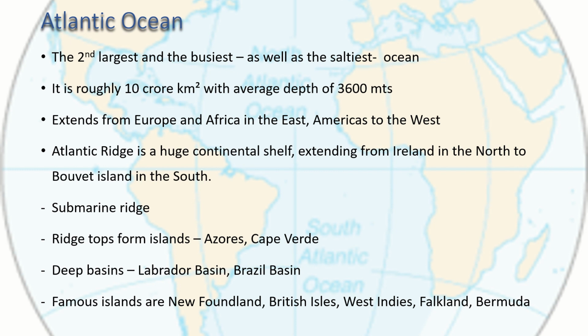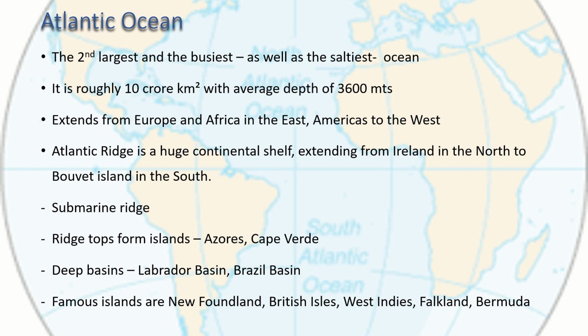It extends all the way from Ireland in the north to the Bowie Islands in the south. It is a submarine ridge. Do you remember submarine? That means it is under the water. And the tips of these mountains that come out form islands like the Azores, Cape Verde, etc.